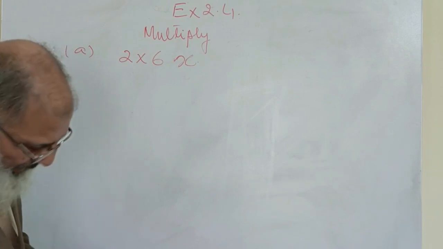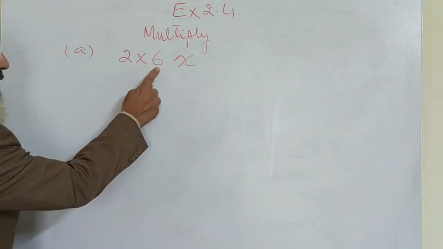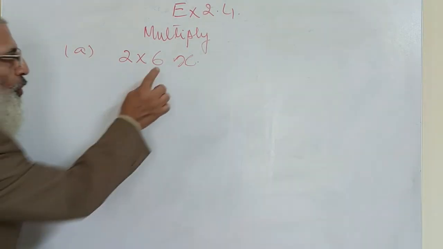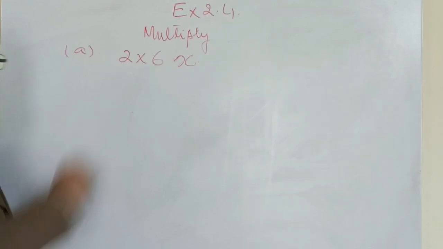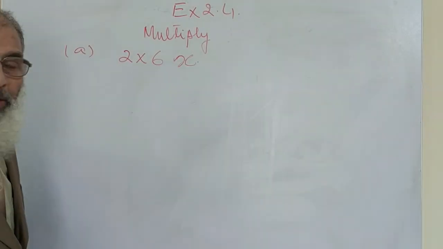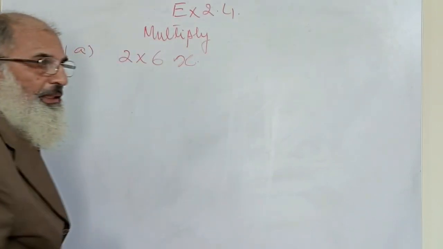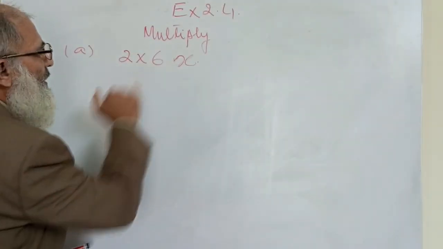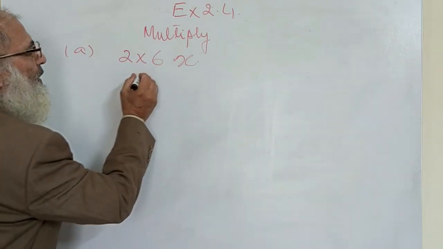Now dear students, as I told you, we can multiply a coefficient with a constant number in multiplication. So there is no limitation that we cannot multiply this coefficient with a constant number.